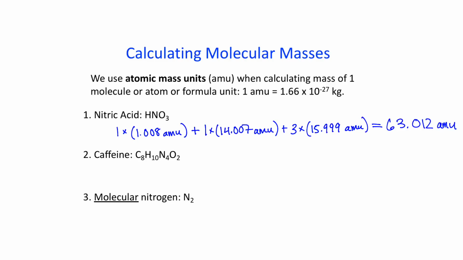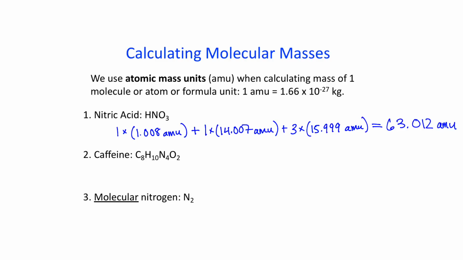So one thing that I'll draw your attention to here, we're talking about molecular nitrogen. Certain elements are naturally found as diatomics, okay? There's a few gases that you're always going to find as a diatomic molecule in their molecular form. So it's nitrogen, oxygen, fluorine, chlorine, bromine, and iodine.